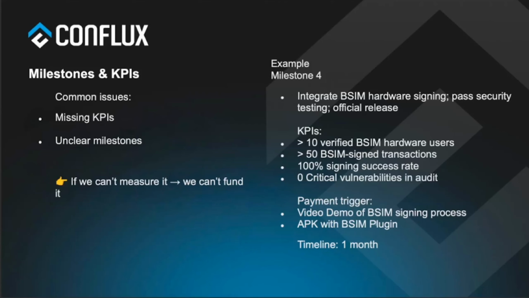For the payment trigger, there are two things that they stated: a video demo that all the things they have in the KPIs are working correctly, so they can prove it, and a timeline. These are the key elements for a milestone and KPIs that must be in your proposal.